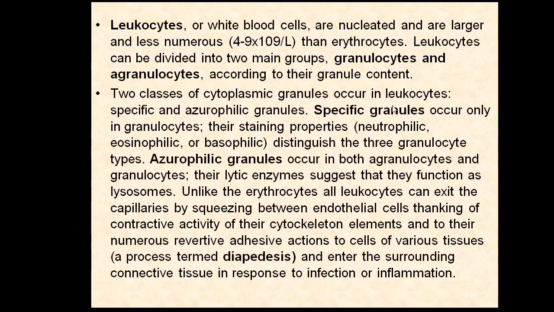If the granule stains pink, it is an eosinophil. If blue, it is a basophil. If the cell has very small granules of both colors, red and blue, it is a neutrophil. It has the neutrophilic look.